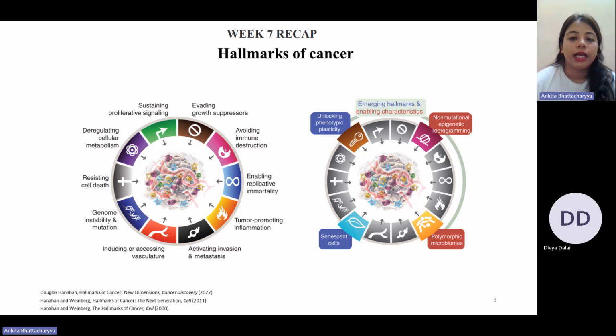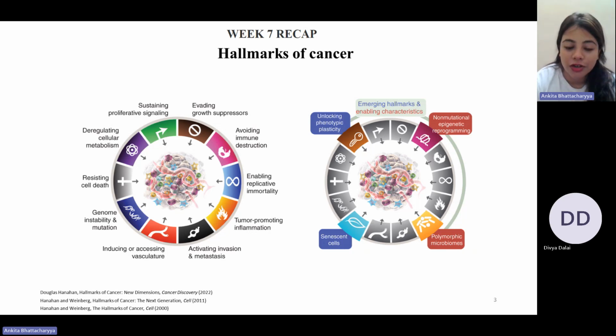And you also have some emerging hallmarks and enabling characteristics like senescent cells, polymorphic microbiomes, non-mutational epigenetic reprogramming, and phenotypic plasticity. These are more advanced concepts. We don't need to get into them right now, but basically what you need to understand is that there are some defined hallmarks. Again, this is something which is constantly changing. The first hallmarks of cancer, like you can see in the article here, were defined in the year 2000.